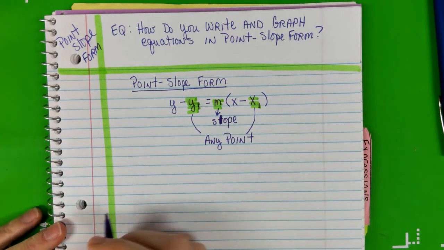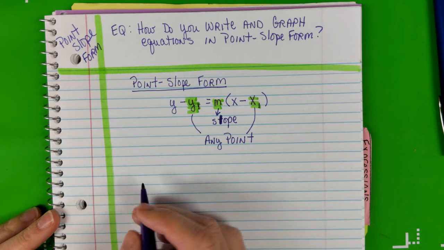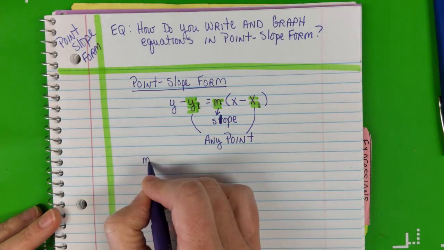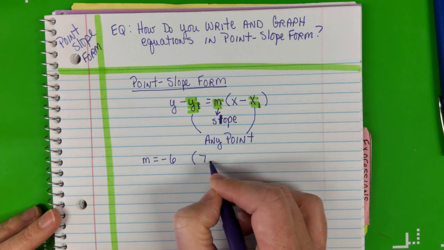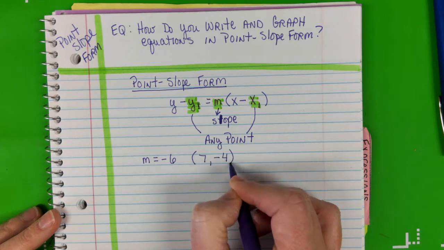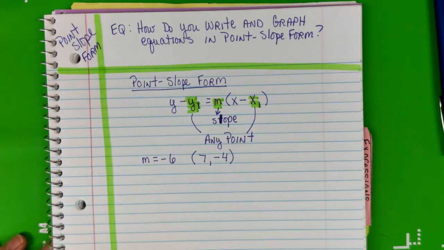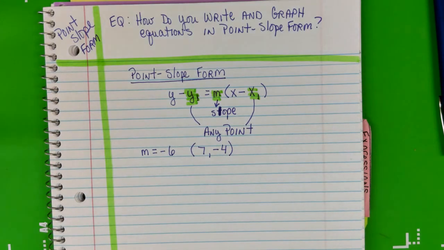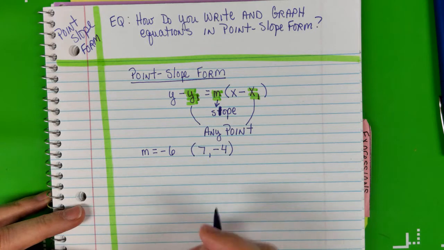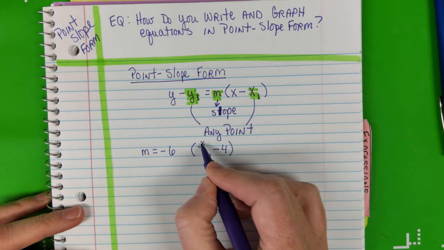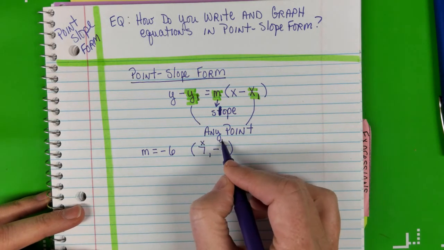So let's look at an example. Let's say that I tell you that the slope is -6 and the line passes through the point 7, -4. It's really just as simple as taking the numbers and plugging them into our formula. So this is my x, this is my y, right?